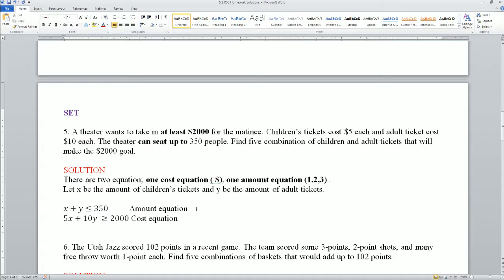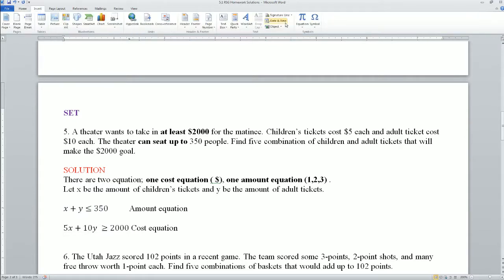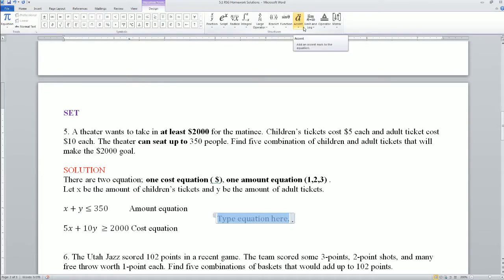Now, we want to see different combinations for this. To do this, it's best if we graph it and we see different solutions. So let's put this in y-intercept form. Y-intercept form should look like this, because you're just subtracting the x over to both sides. So that should be that.